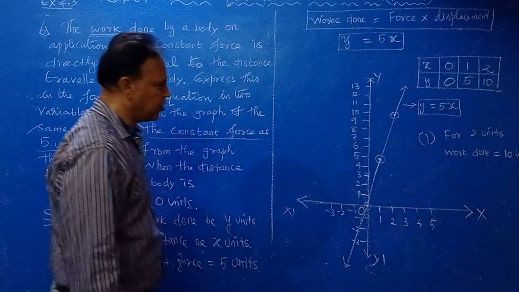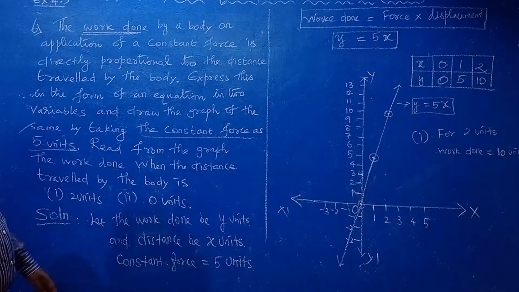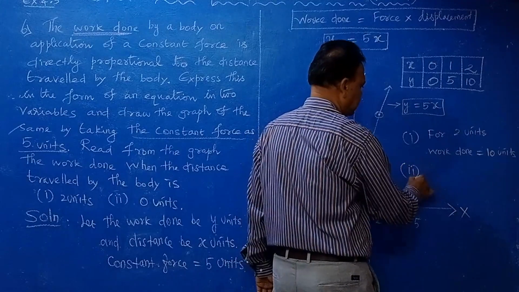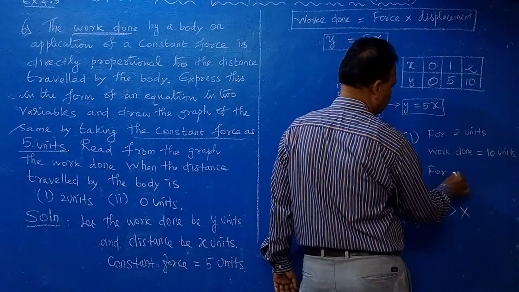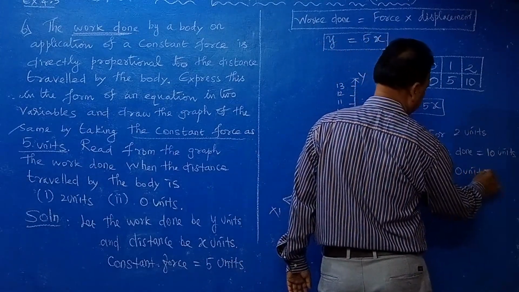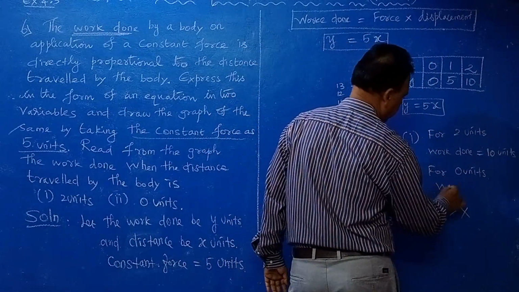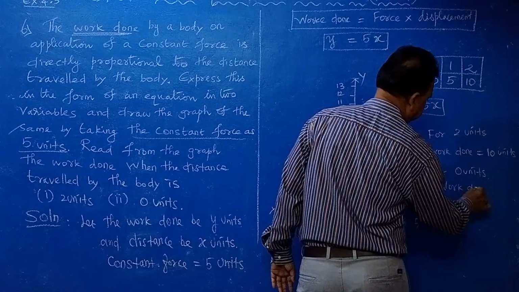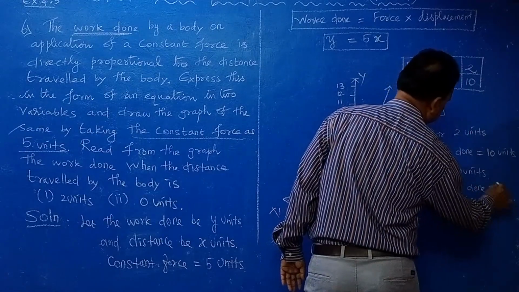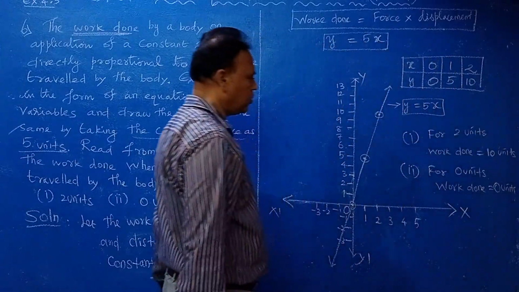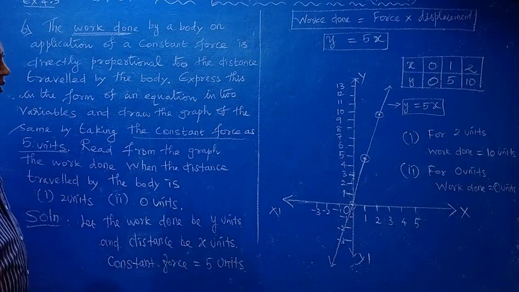And second, for 0 units, it's very clear, it is 0 only. Work done is 0 units. That's all. Clear? This is the answer.